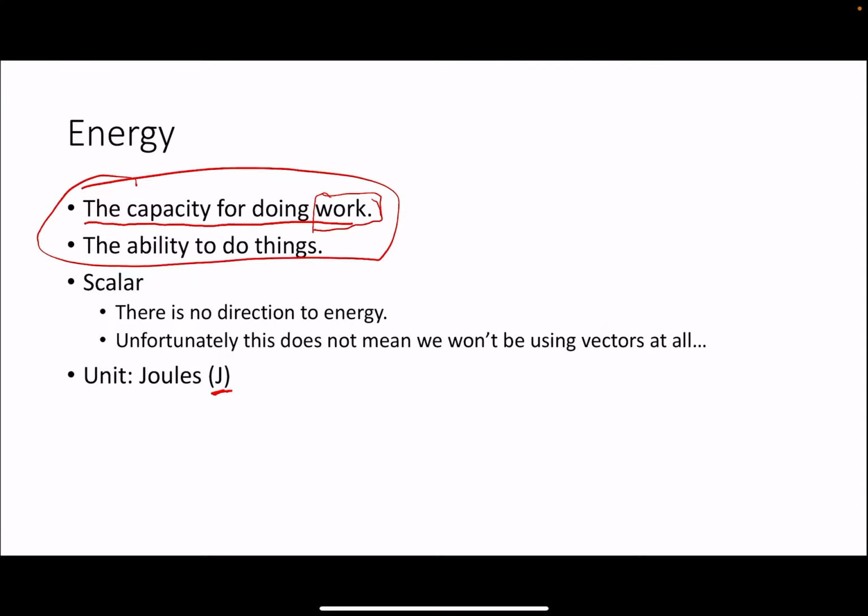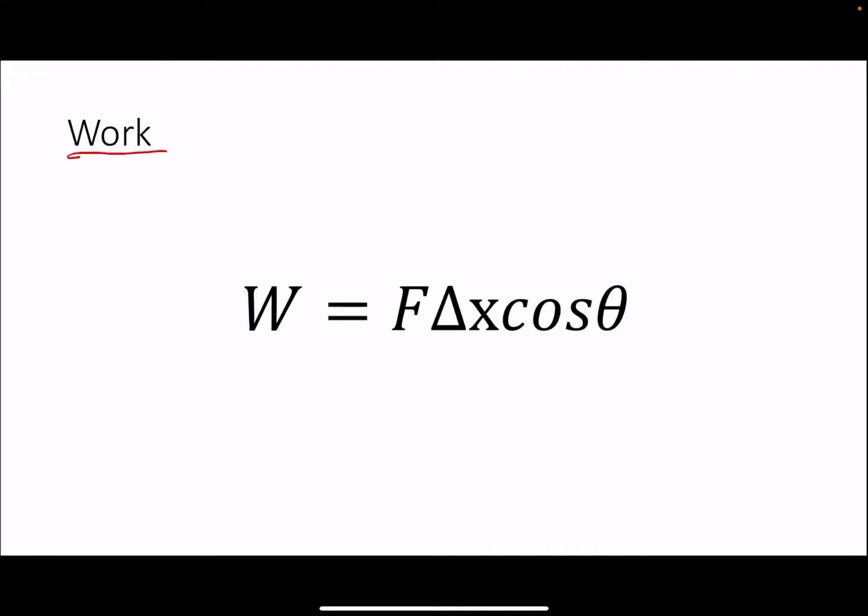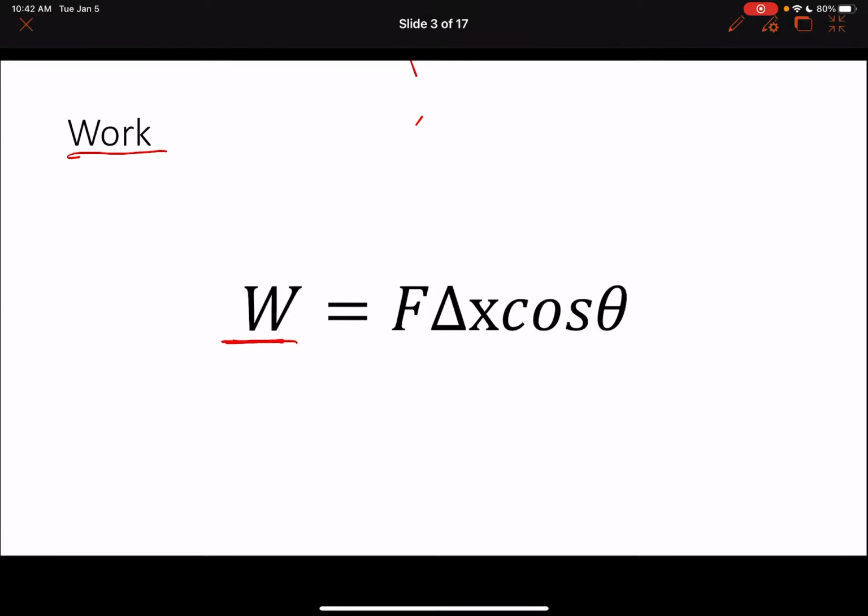That is my definition, quote unquote. In physics, normally when we get definitions, they're an equation. This is what work is defined as. Work is defined as force times displacement times cosine theta. That's its definition.